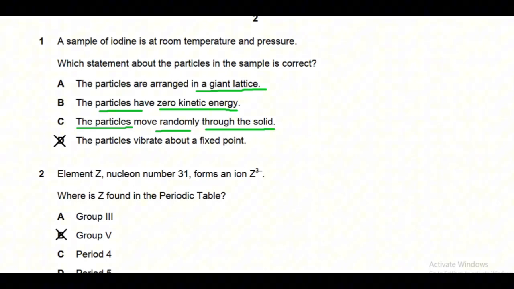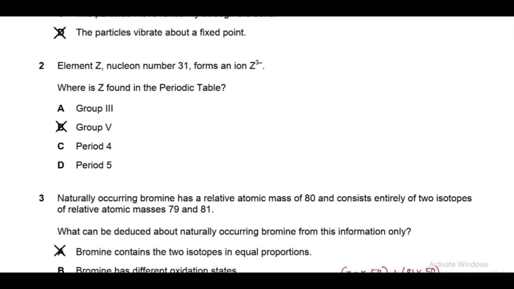Now number 2. Element Z, with nucleon number, which means mass number, 31, forms an ion Z 3-. Where is Z found in the periodic table? This is group 5, and this is the answer. Why?